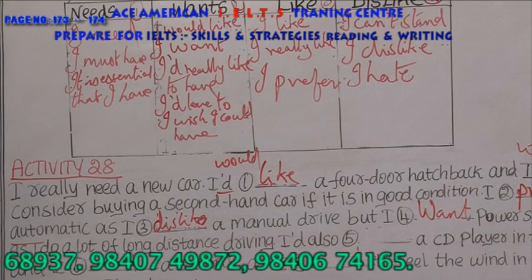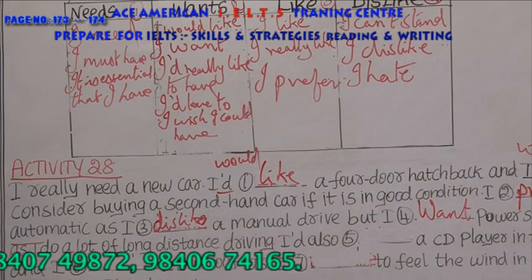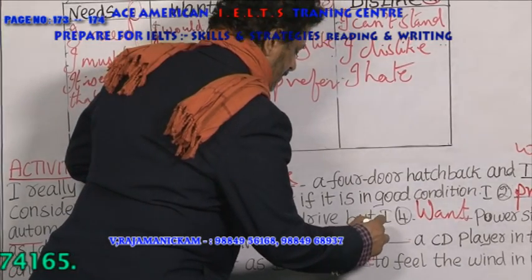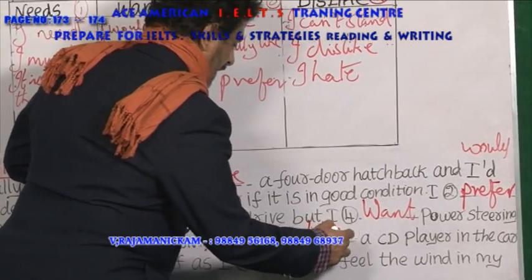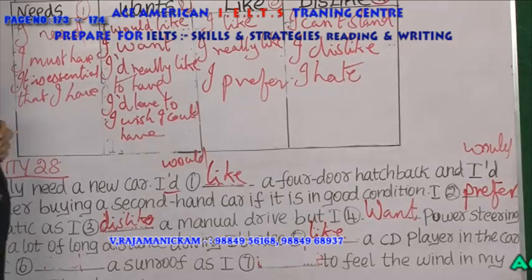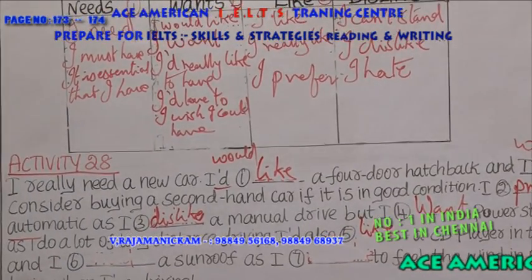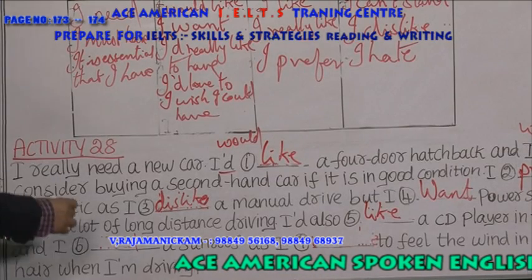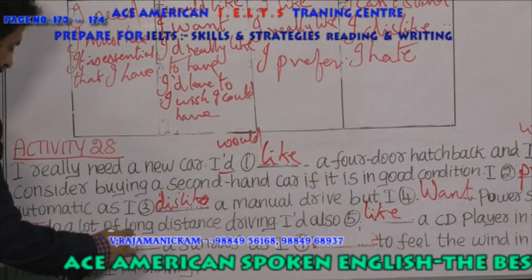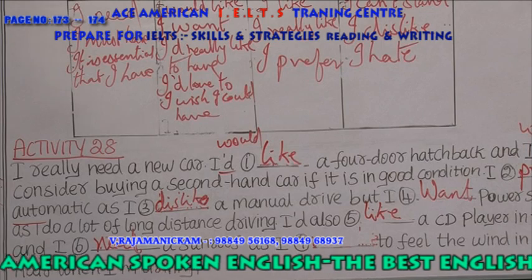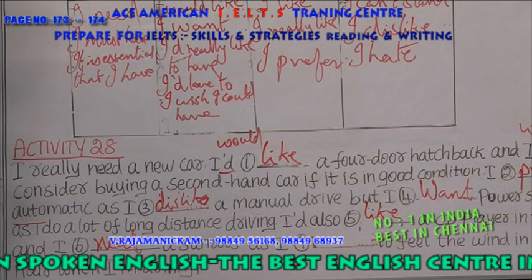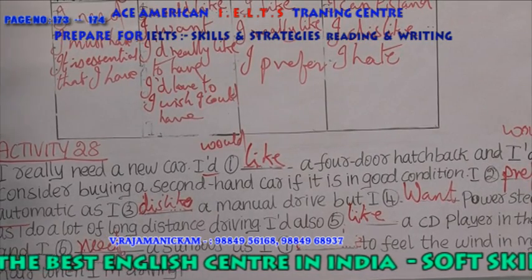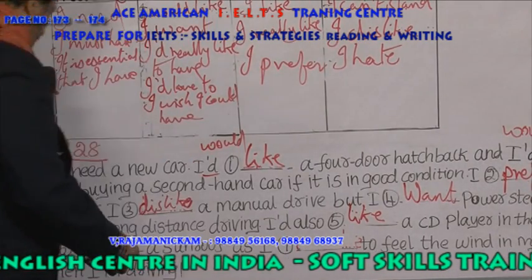Now, I would also need or like. I would also like a CD player in the car. He needs a CD player in the car, and I need a sunroof. He says he needs, as I need a sunroof, as I really like to feel the wind in my hair.